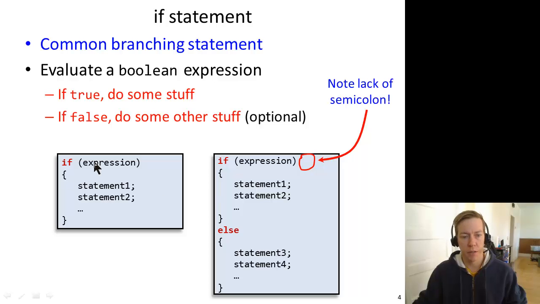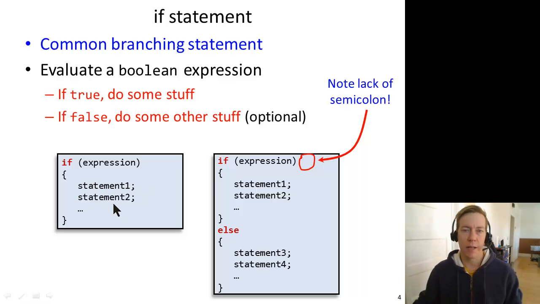The if statement is just kind of like in English. If this is true, all right, if the sun has risen, then it's time to wake up. You can have an if, and what we have here are the little curly braces. This is a code block, and inside that code block you can put statement 1, statement 2.